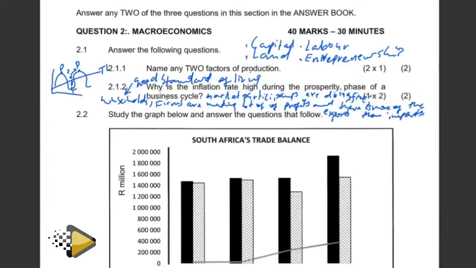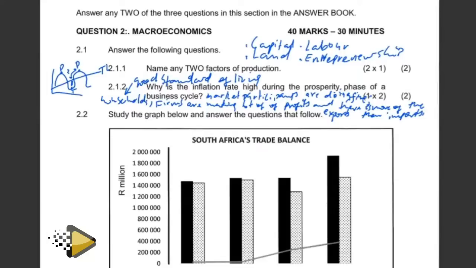And the moment it loses value, it means that it is going to be a struggle on the side of consumers to buy goods and services, because the general prices of goods and services are going to persistently increase, or continuously increase. So in that regard, it's going to be a challenge for the household as well as the customers to buy goods and services.